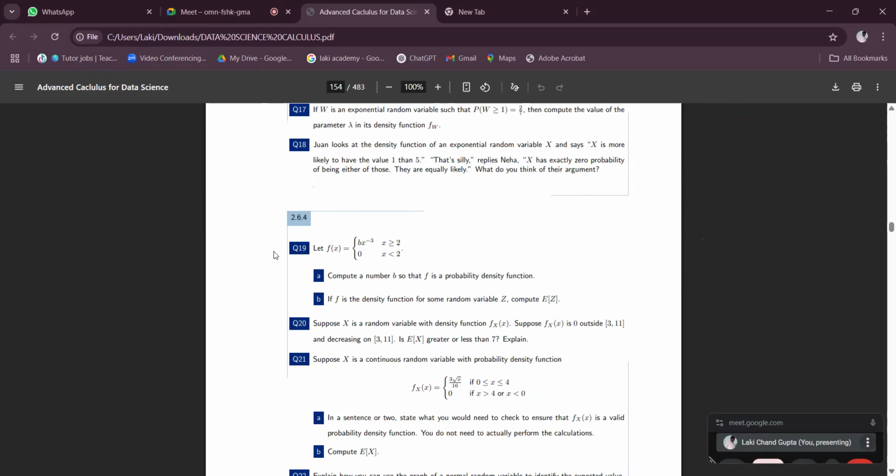This is important. Question number 19. First question: compute a number b, where b is any constant, so that f is a PDF.